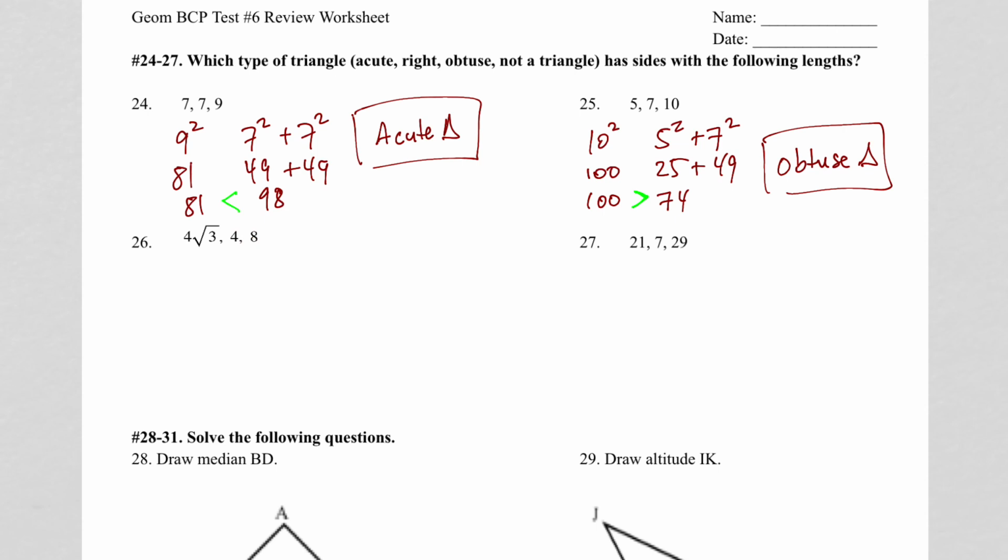So 8 squared, I'm going to compare that with 4 root 3 squared plus 4 squared. When I square this I get 16, I square this to get 3, and that multiplies to 48. So this adds up to 64. When I square this, I get 64. Because these are equal, we have a right triangle.